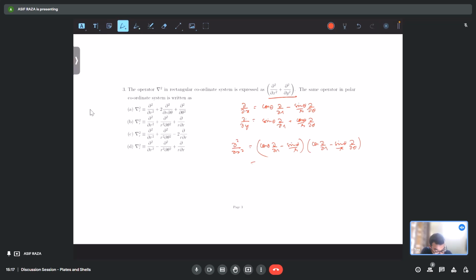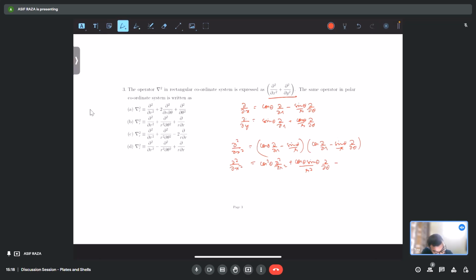This operates on this, we get cos square theta dou square by dou r square, and with respect to r, the theta part will be dou by dou theta, and that will be minus 1 upon r square, and we have dou by dou theta.